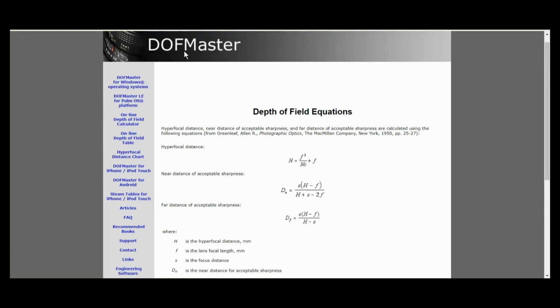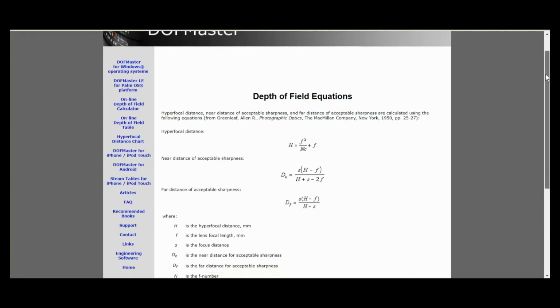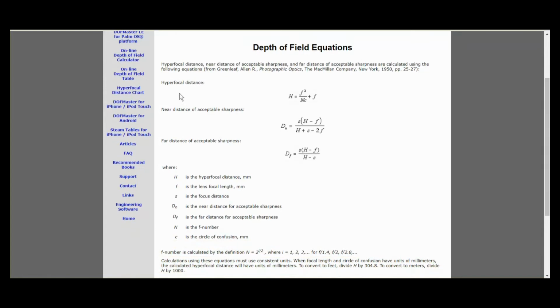There is a mathematical way of calculating depth of field and the hyperfocal distance. I found a very good website, Depth of Field Mastery, that has these equations for the hyperfocal distance, the near distance of acceptable sharpness, and the far distance of acceptable sharpness.